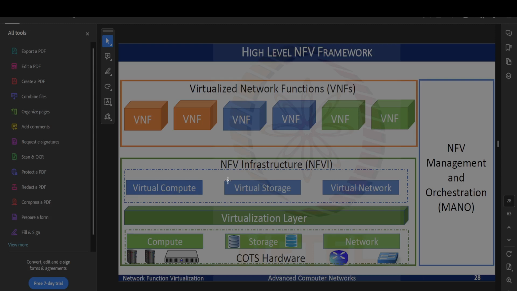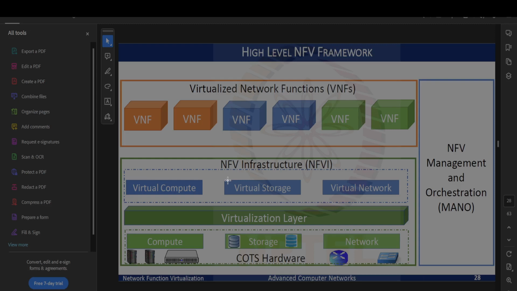Now we have the infrastructure, the underlying hardware, and the applications, the software, also there. Now we just cannot allow it to run like that, right? We need to manage these network functions. We need to map how much resource we need to give to each of these virtual functions.